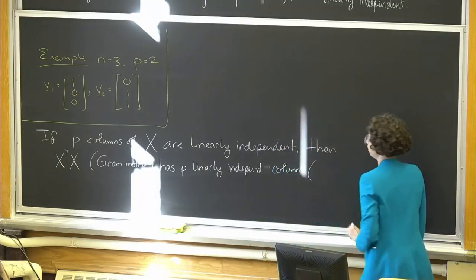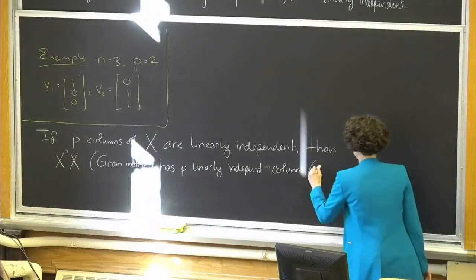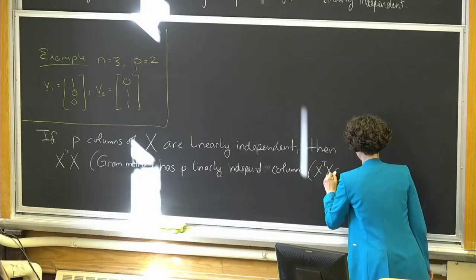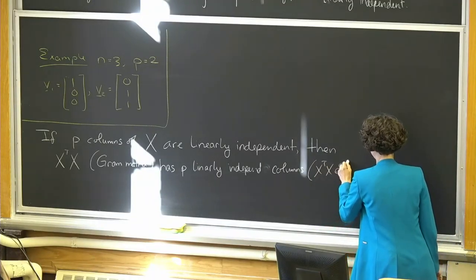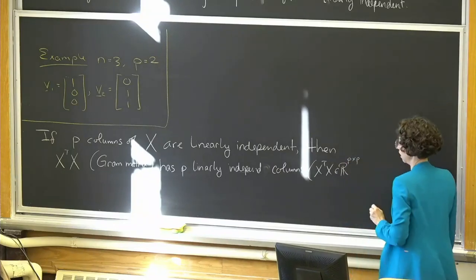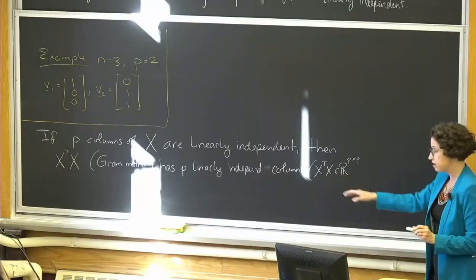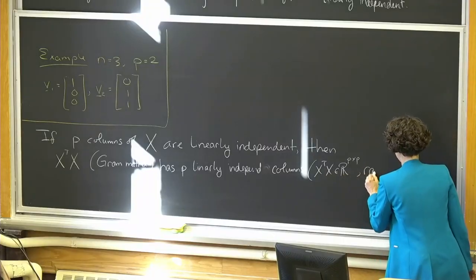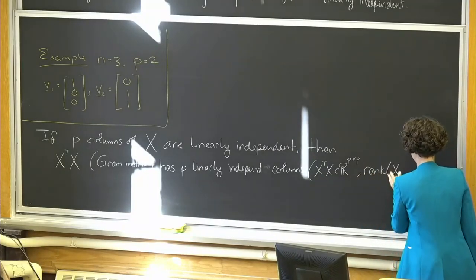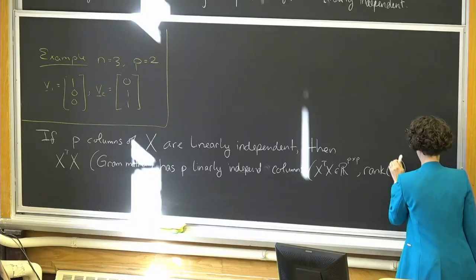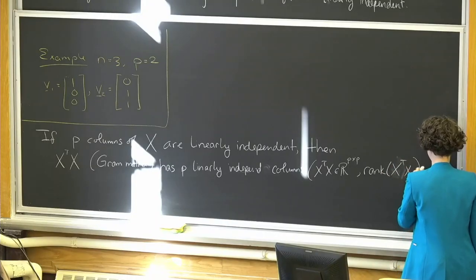Another way of thinking about this is that X transpose X is a matrix that has p rows and p columns. Since it has p linearly independent columns, the rank of X transpose X is equal to p.